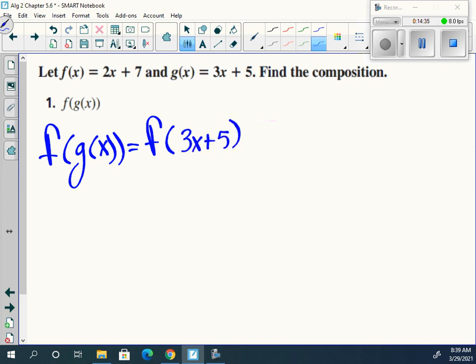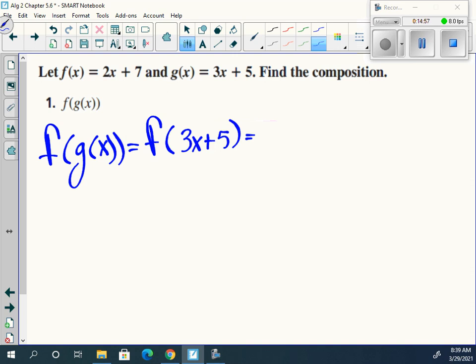Right, plugging x into g of x really just feels like we're plugging in 3x plus 5, but since it's already defined by x, it doesn't really change anything. If it had been g of 1, it might look a little different because instead of plugging x into g of x, we're plugging in 1. And we'll see that here in a minute.